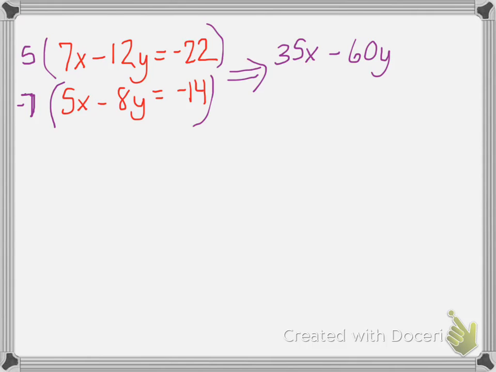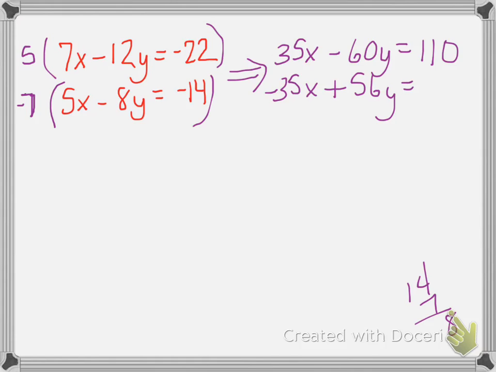y equals 110, and that's negative 35x plus 56y equals 98.